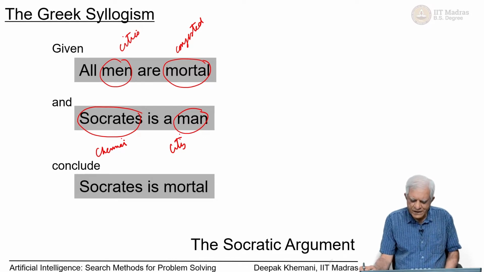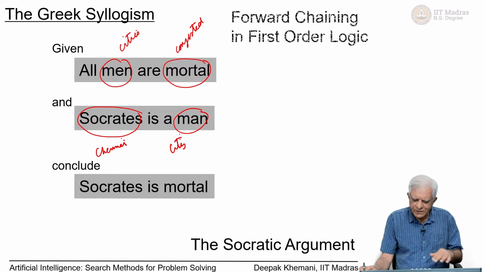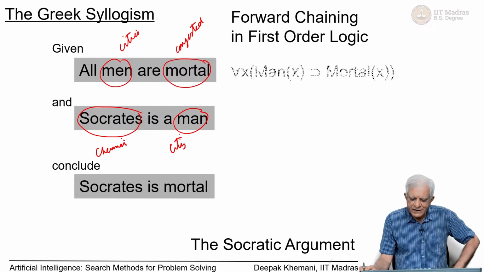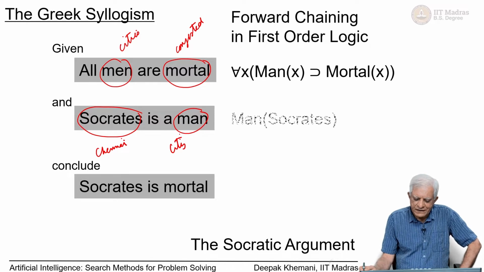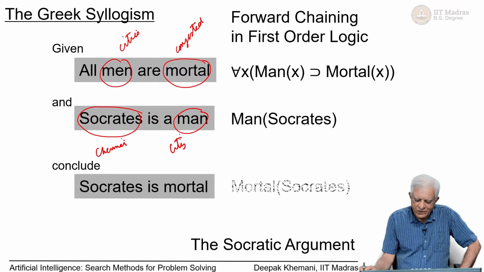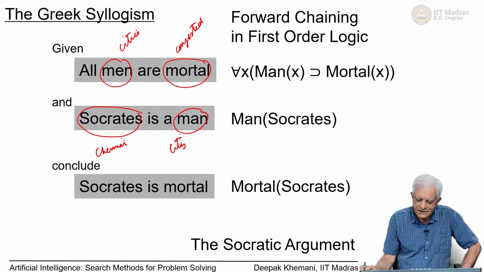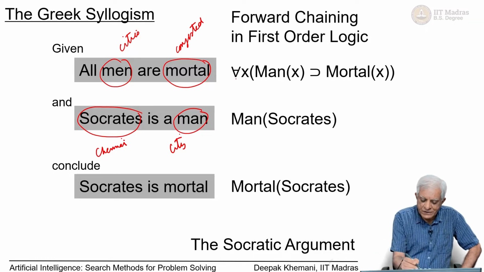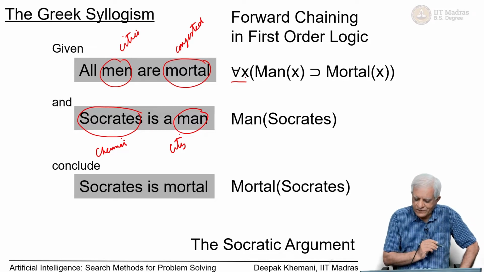In modern times, we would use the language of first order logic, and this is how we would represent those sentences. So, let us go over them one by one. The first sentence is all men are mortal essentially. In first order logic, which we do not have time to go into detail, this stands for all x.